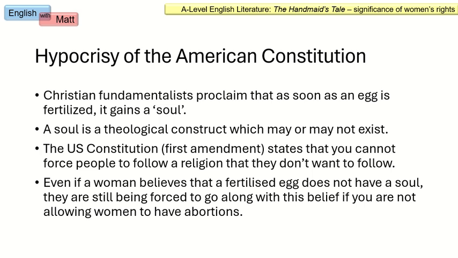So the Constitution itself is hypocritical because it's suggesting that women have to go along with this theological position, which is that an egg has a soul. So there's a complexity there in terms of the American Constitution, which of course only America can resolve. It's not for me to tell them; it's for them to resolve. But there is this hypocrisy in the First Amendment.